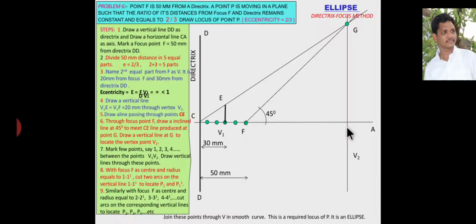This intersecting point is named as vertex V2. Now mark a few points between vertex V1 and V2.